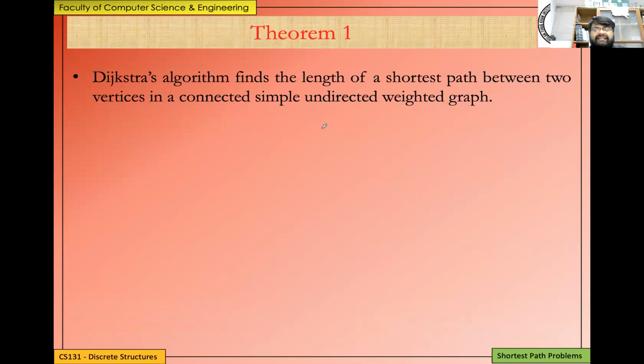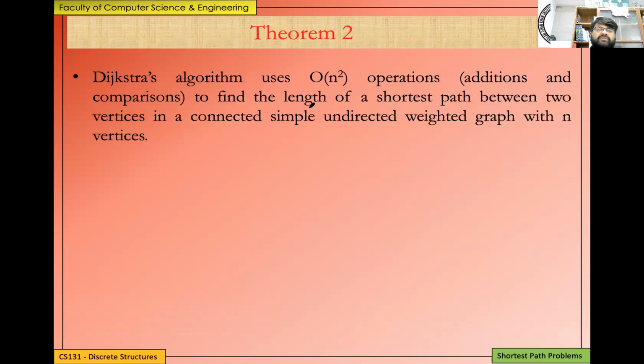So let's talk about some of the theorems. Dijkstra's algorithm is guaranteed to find the length of the shortest path between two vertices in a connected, simple, undirected weighted graph. Dijkstra's algorithm uses n squared operations, additions and comparisons, to find the length of a shortest path between two vertices in a connected, simple, undirected weighted graph with n vertices.